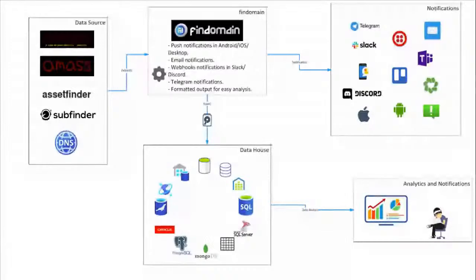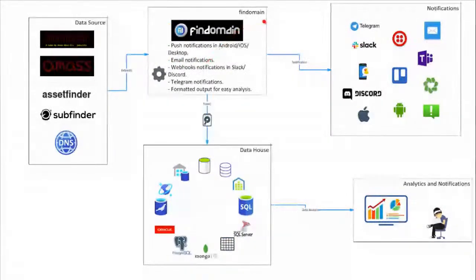What this diagram says is that there's a tool called Findomain. Findomain gathers output from different data sources or different tools for subdomain enumeration, and then Findomain also enumerates subdomains itself. An interesting feature Findomain has is that you can use webhooks to send subdomains. You can use webhooks with Discord or Slack or Telegram or any other messaging service, or Trello, or your email.